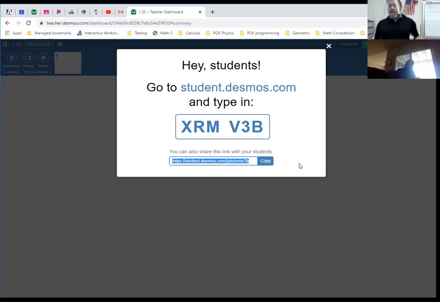student.desmos.com, and if you type in that code right there, you're going to work on a little worksheet packet, but then you're going to back your work up in Desmos Classroom. So I'm asking you to do some work on paper, but then you're going to validate what you see when you actually do it in the classroom.